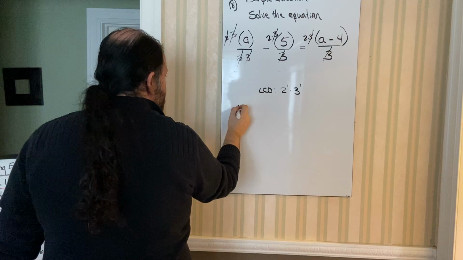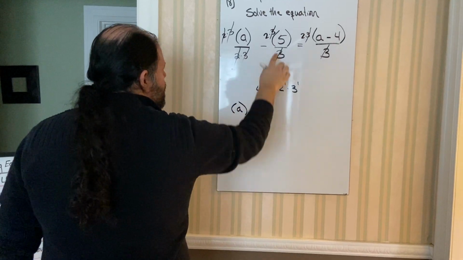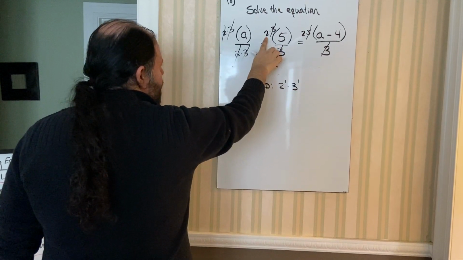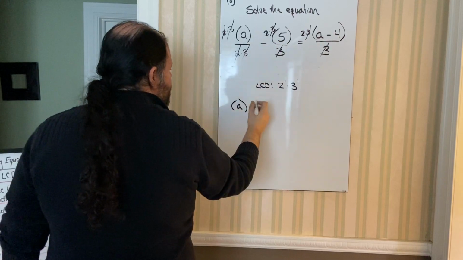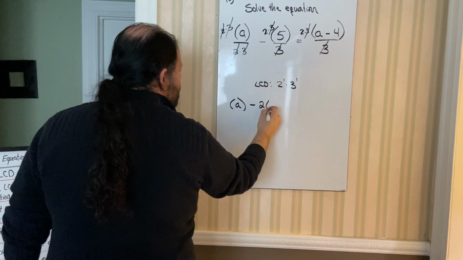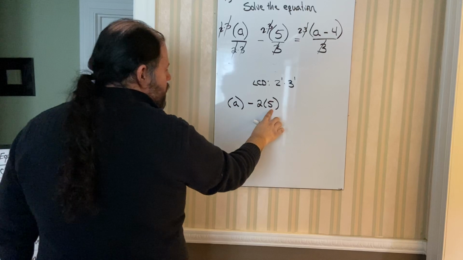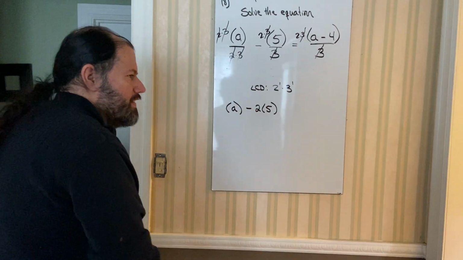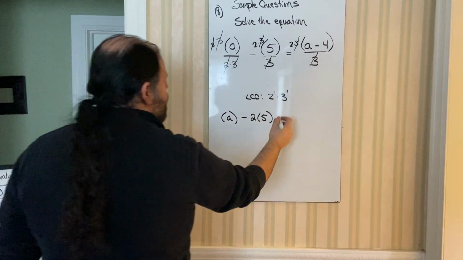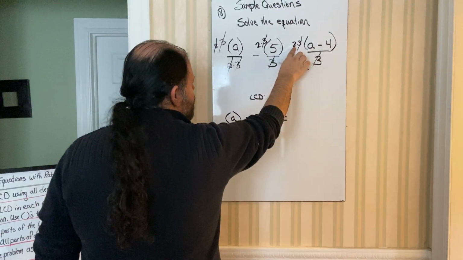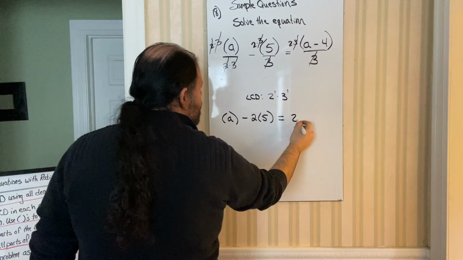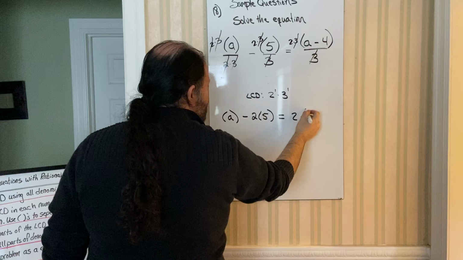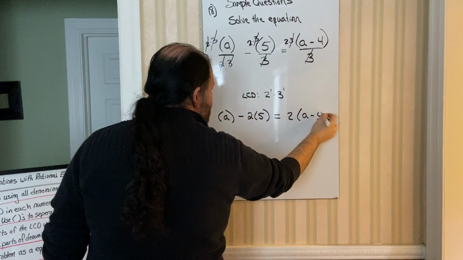Just the parentheses A. What's left here? The minus sign, the 2, and the parentheses 5. Remember, we want to separate the numerator was part of the LCD that was left over. And over here, the equal sign, the 2, and then the binomial, remember, use the parentheses, a minus 4.